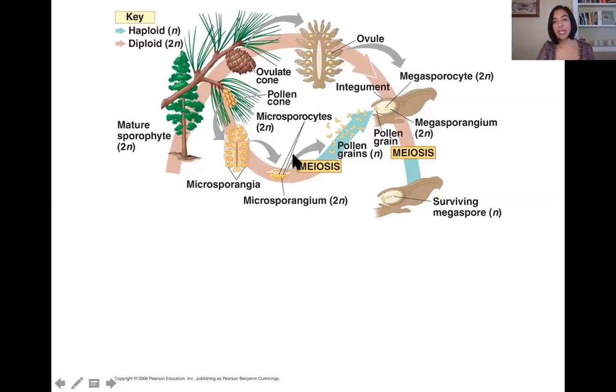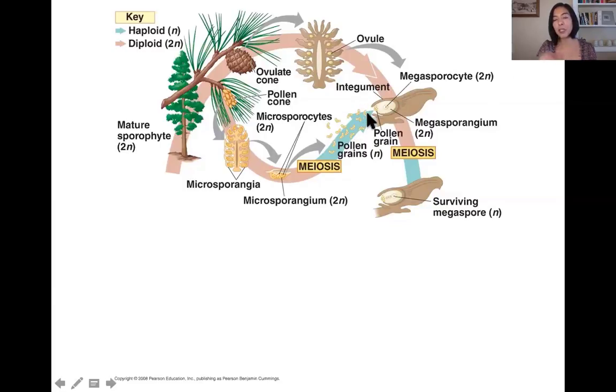Okay, now the pollen grain, once that is released, is going to be dispersed by the wind. It's going to be carried close and directly to the ovule. And see how I emphasize that it happens directly. It's deposited directly, because that's going to be the difference between gymnosperms and angiosperms.